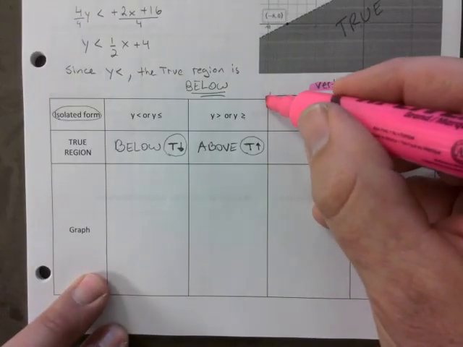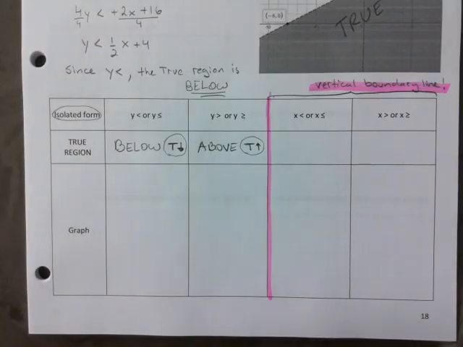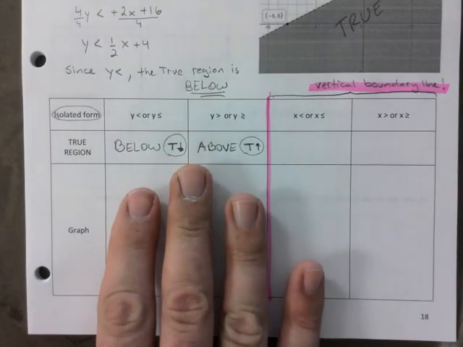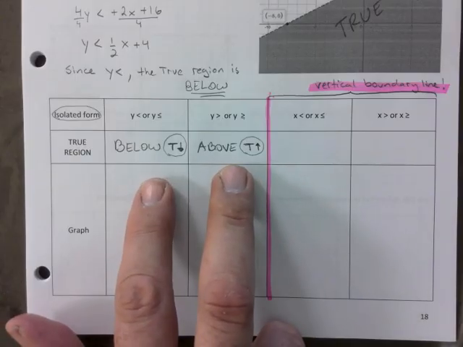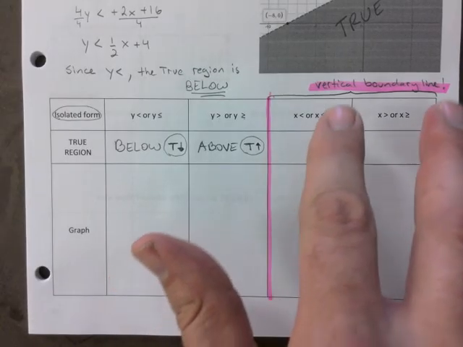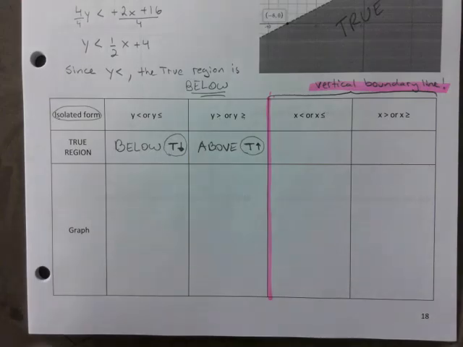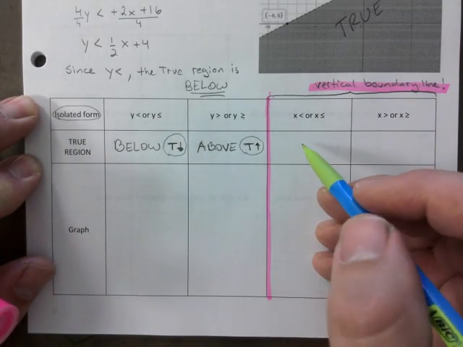Most of our cases are going to be diagonal or horizontal. But then sometimes you're just going to have an x. Okay, that's a vertical boundary line. So if x is less than or equal to, what do you think, left or right?